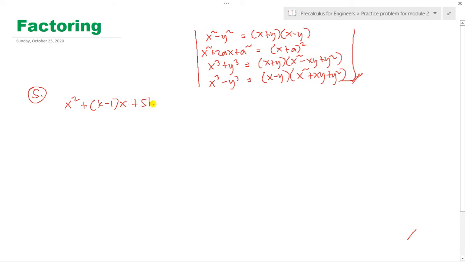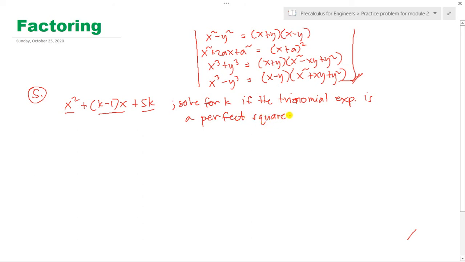So this is a trinomial expression because it has the first term, second term, and third term, such that you need to solve for k if the trinomial expression is a perfect square. So it has a condition that the given is a perfect square trinomial.